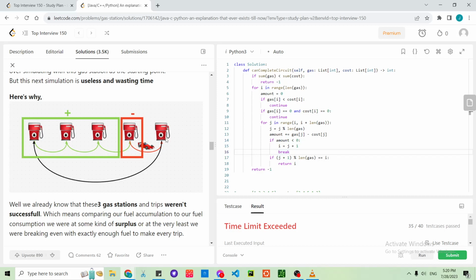Okay, I guess. So if we start from here and let's say it goes all the way to the end and it's positive 5, and we know that the entire thing is also positive, so there is a solution. So the question is, does that mean that this is the start index that we're looking for?